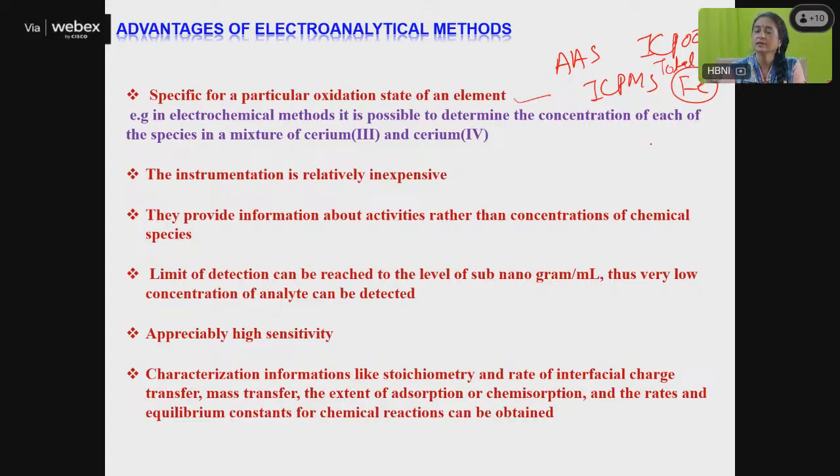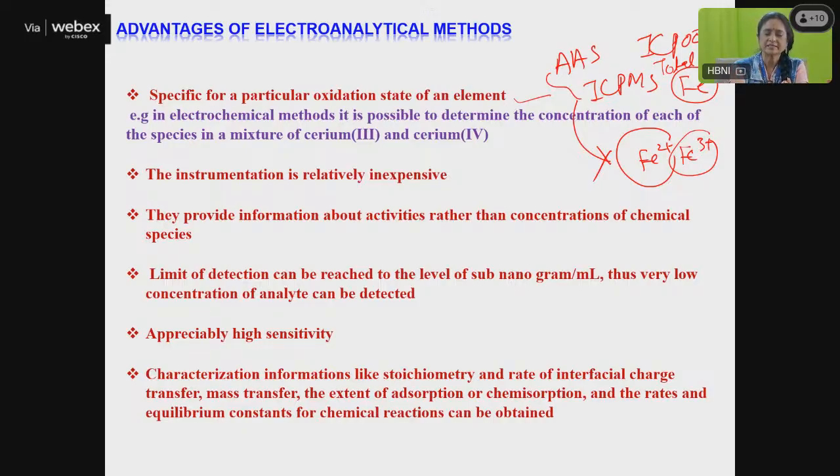But it will not tell you whether it is iron 2 plus or iron 3 plus. These techniques cannot give this information. But in electroanalytical chemistry, you can get that also.